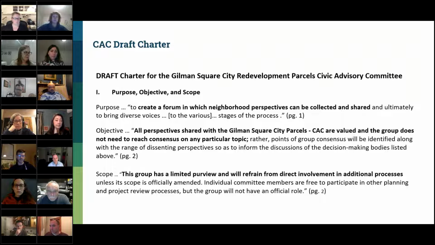And so as part of that, really thinking about that consensus element and that in our report outs from the group we're representing the consensus perspectives and then also the dissenting perspectives. So the folks who don't share the same majority opinion, those ideas are still recorded so that the decision-making bodies have an understanding of what the conversation was and where those points of disagreement might be.